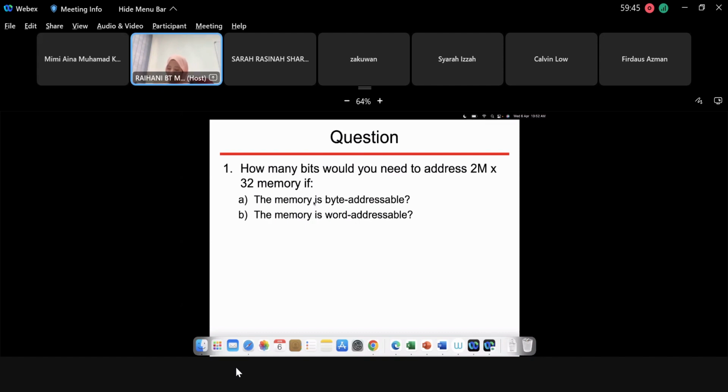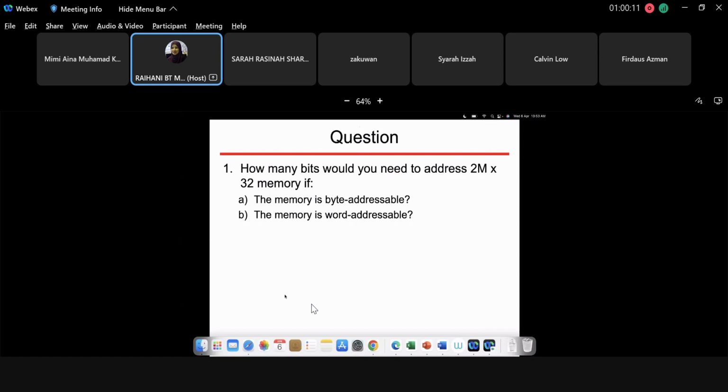So you just get the round number. 1 million is just equal to 2 to the power of 20. If you have 2 million, so meaning that 2 to the power of 20 times 2. So you will get 2 to the power of 21. Okay.